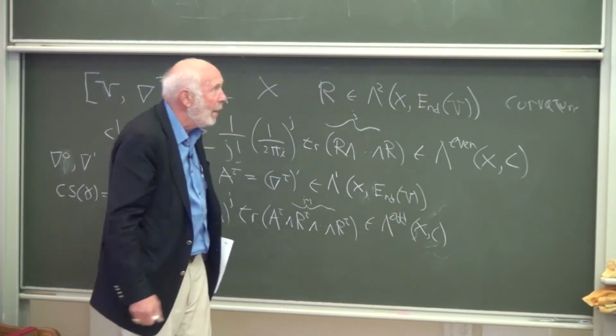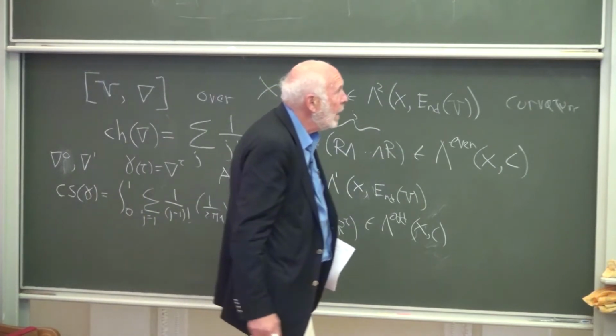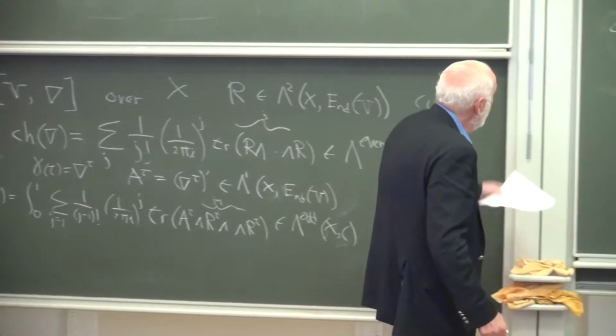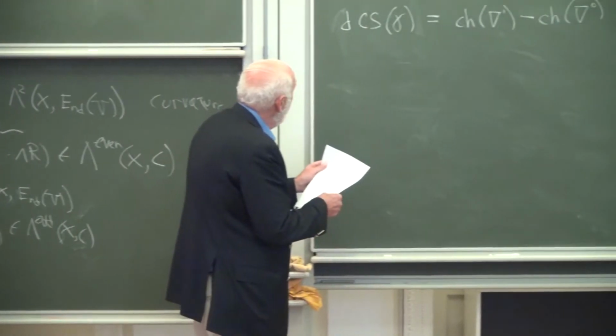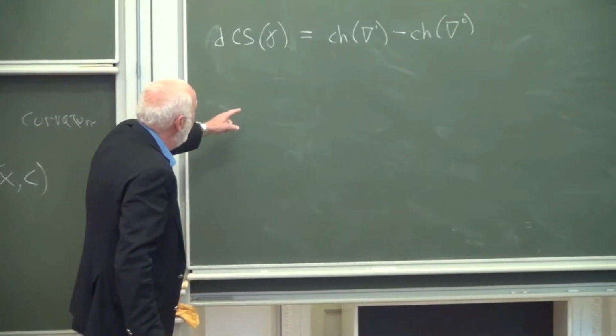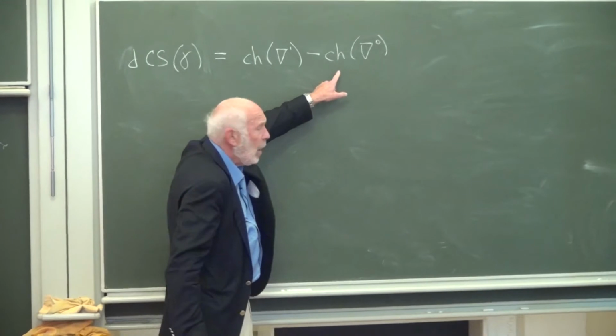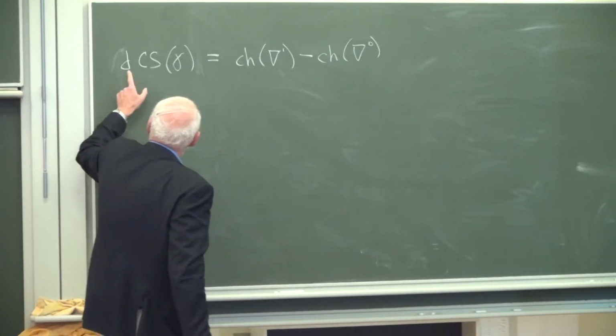That's a way of thinking of it. The chain homotopy. Right. That's right. So such a formula is obviously not surprising because these two things are cohomologous. This gives a particular formula.